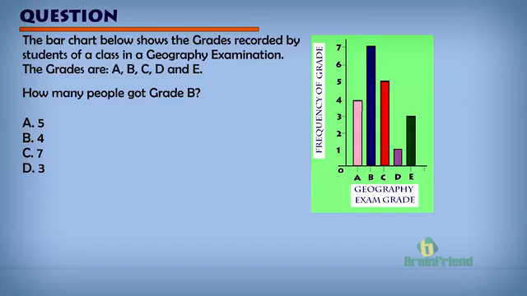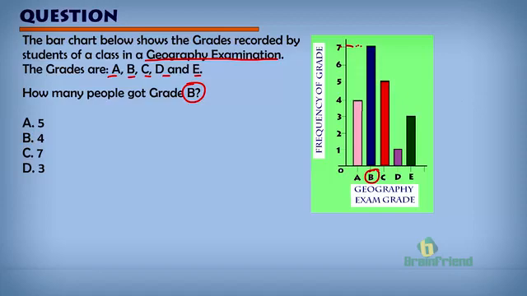Let's also take a look at the next question. The bar chart below shows the grades recorded by students of a class in a geography examination. The grades are A, B, C, D, and E. How many people got grade B? At a glance, we quickly go to our grade B and we identify the bar on our grade B to trace the top of our bar to the frequency side of the chart.